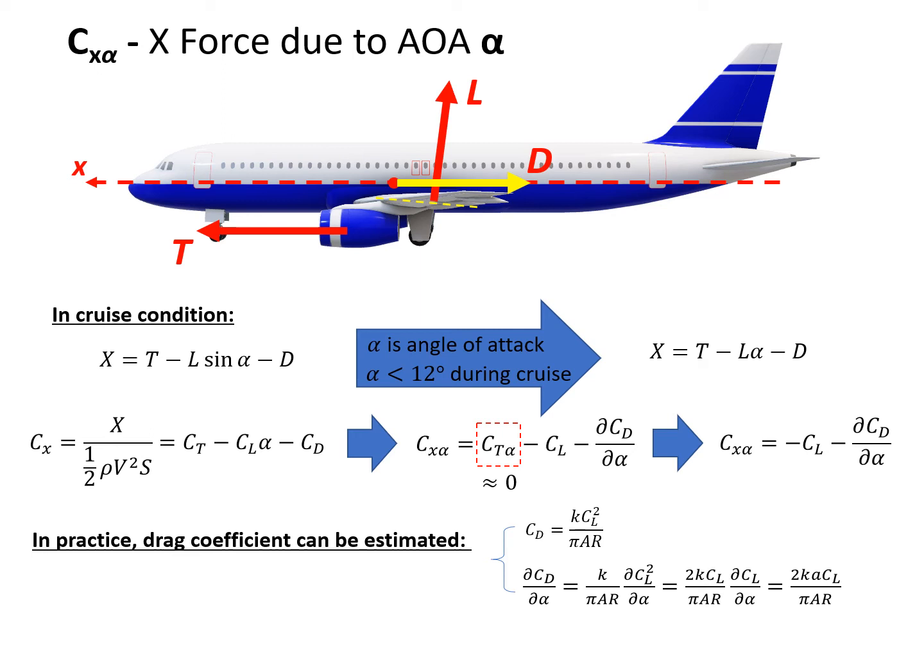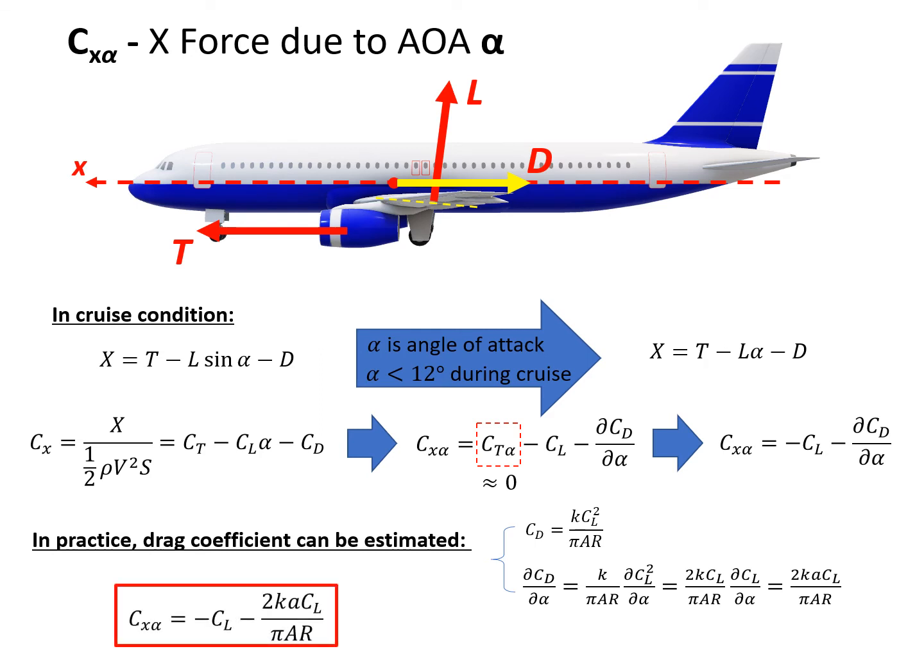Eventually we have partial Cl partial alpha times something, and we know partial Cl partial alpha is the slope of the wing lift coefficient, so we can replace it by a, the slope of the lift curve. So that's the partial Cd partial alpha. Then we just plug in.